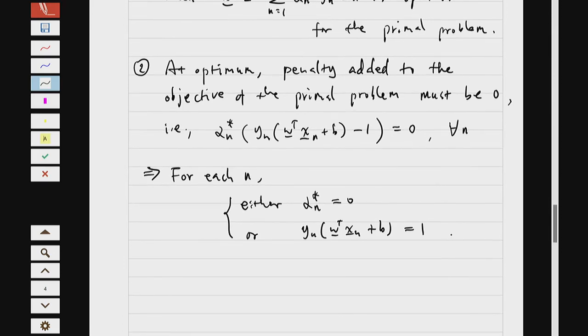It can be both as well, which also satisfies it, but at least one of them has to be 0. Otherwise, your penalty will not be 0. Everyone okay so far?